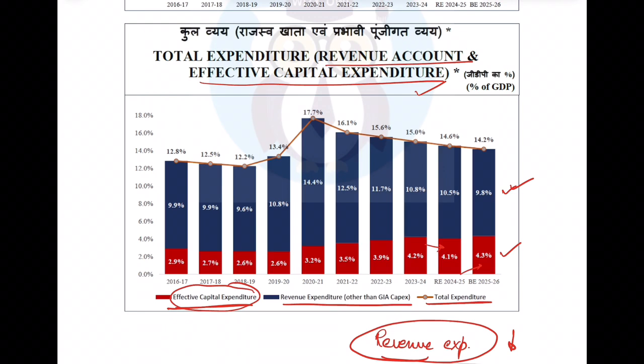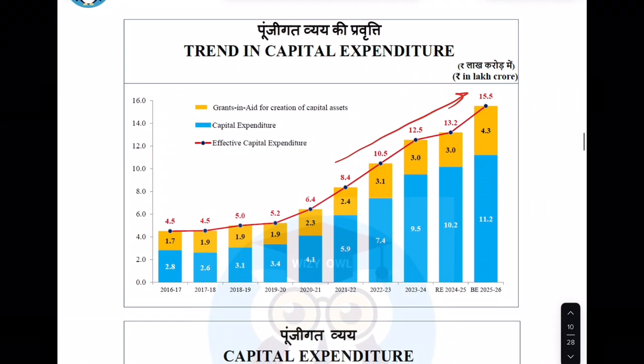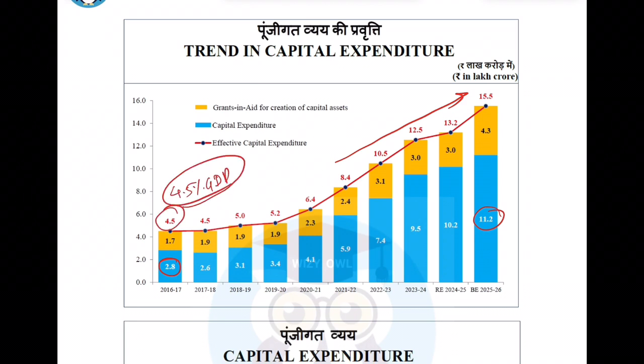If you see in the 10-year or 9-year gap, from 2.9 it is 4.3, and here also you can see from 2.8 to 11.2, and in total from 4.5 to 15.5. Sorry, it is in lakh crore, not the percentage of GDP.